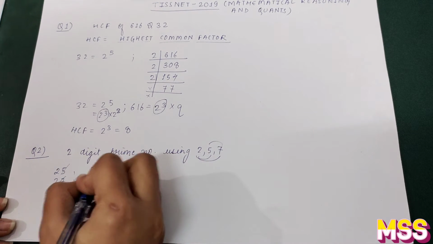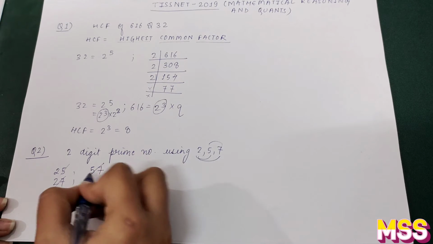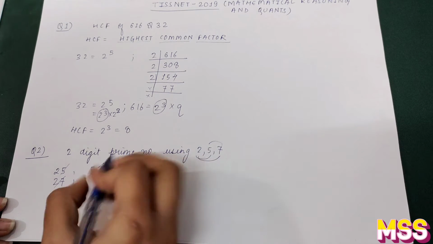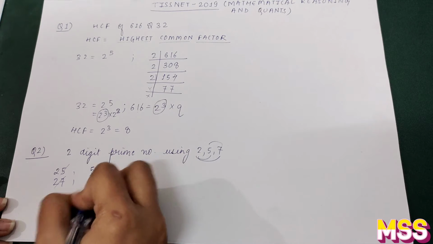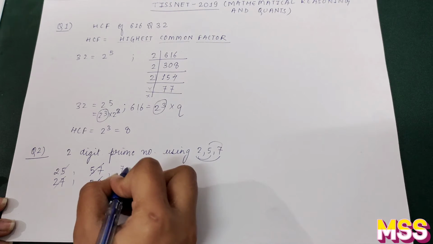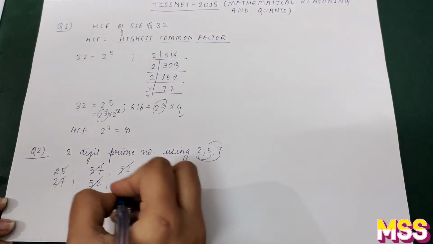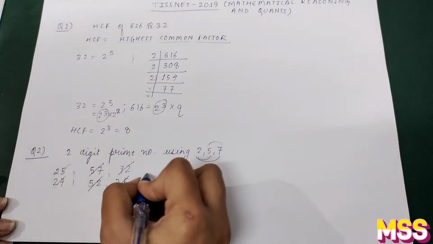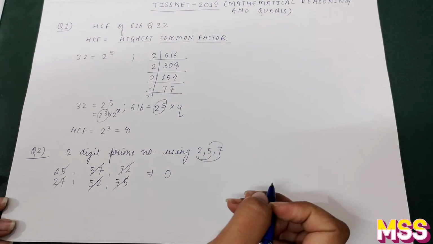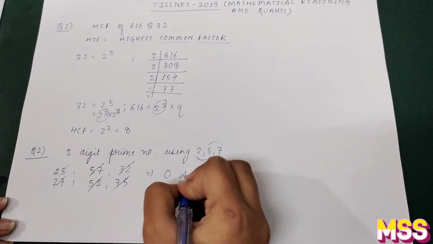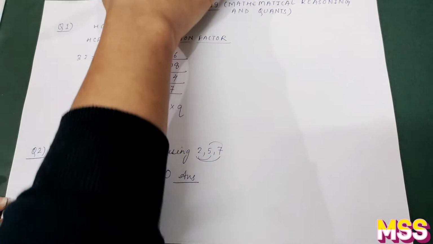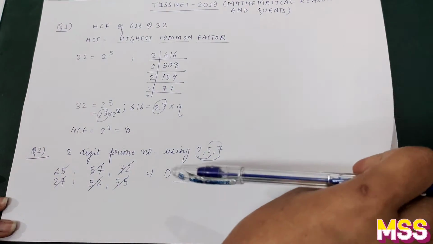Then 57 and 52: 57 is divisible by 3, 52 is divisible by 2. Then we have 72, then 75, and none of these numbers are prime, so therefore the answer will be 0.